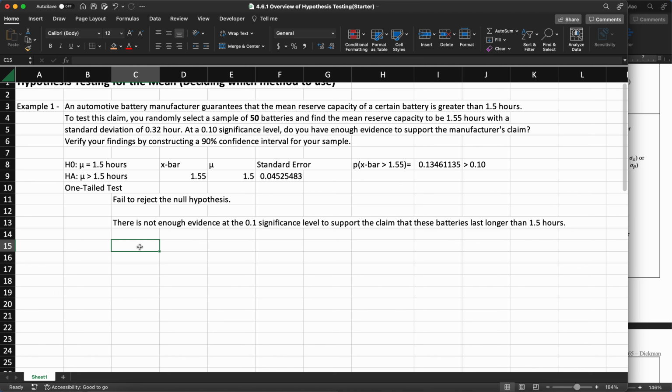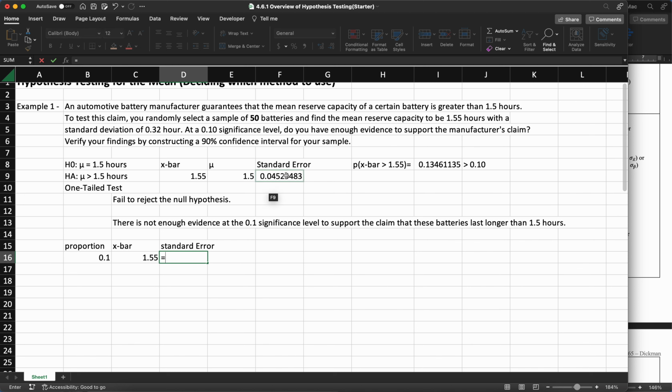And so what we need to identify is x bar. x bar becomes the mean that I use for my confidence interval. I need to know the proportion or the area under the curve. In this case, that's going to be 0.1. And then I also need to know the standard error. This is something that does not change from this part to the previous, so I'm just going to reference this value over here.